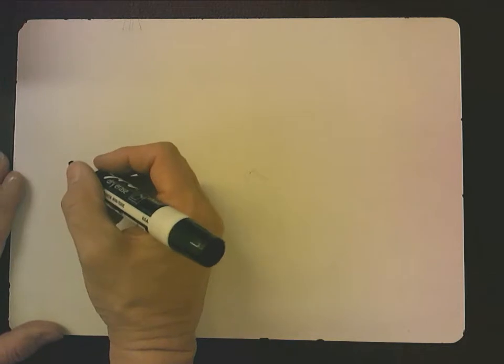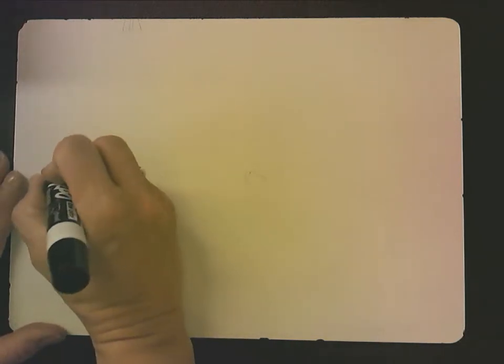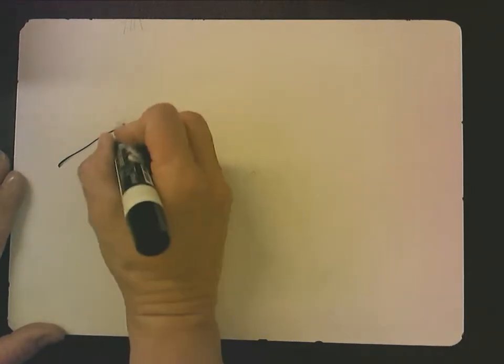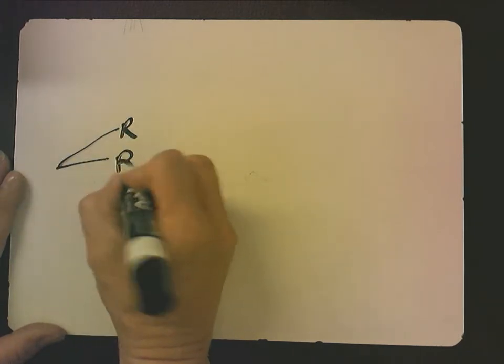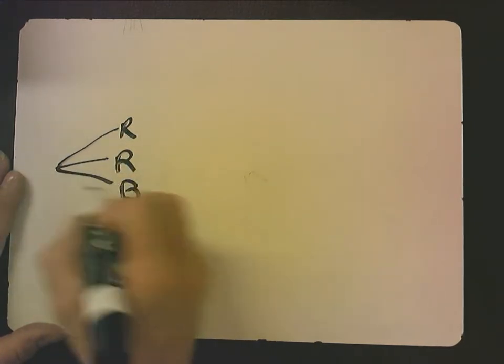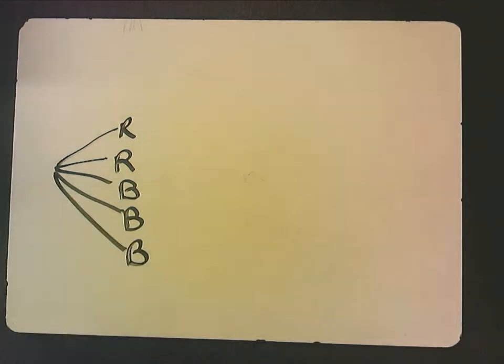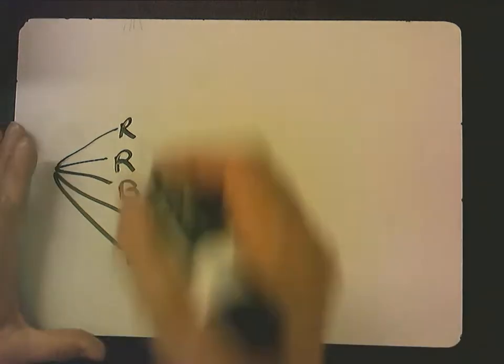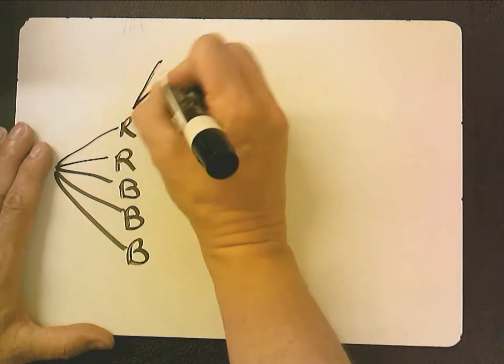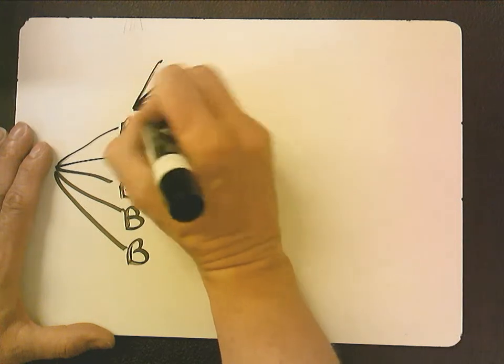So I reach into the bag. I either pull out a red or a blue, right? Now, I replace the marble. So if I get the red the first time, I'm still getting red, red, blue, blue, blue.